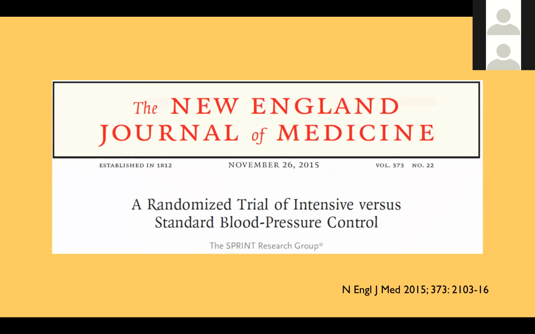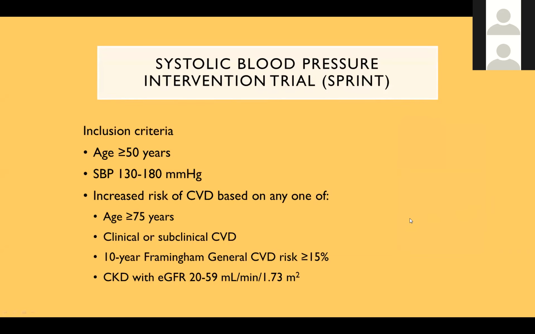Again, this will be familiar to many, but if you're wondering where those criteria and exceptions are coming from, there have been many landmark studies looking at hypertension management, including in older adults. But in 2015, SPRINT, the Systolic Blood Pressure Intervention Trial, published their main study in the New England Journal.